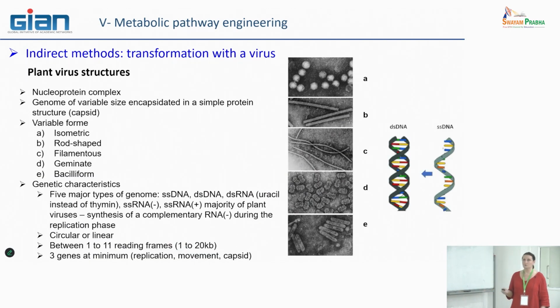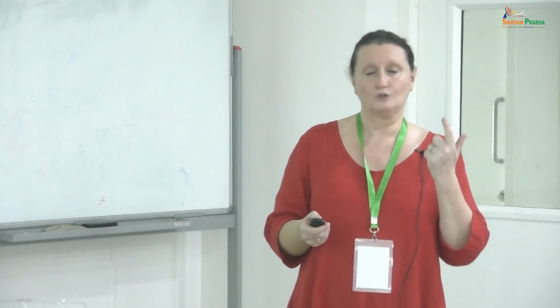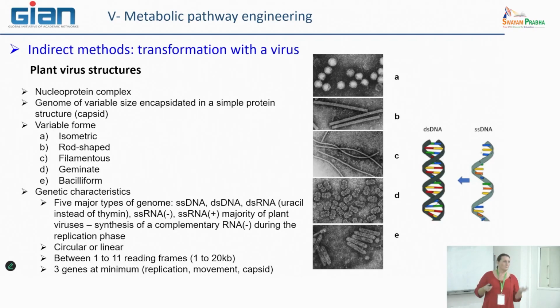The structures of viruses are quite various. Here you have some examples. They can be isometric, rod shaped, filamentous, geminate, and also bacilliform. That is not so important. What is interesting is that the genomic content of viruses is quite variable. You may have a DNA molecule or an RNA molecule, and also double strand or single strand RNA or DNA.